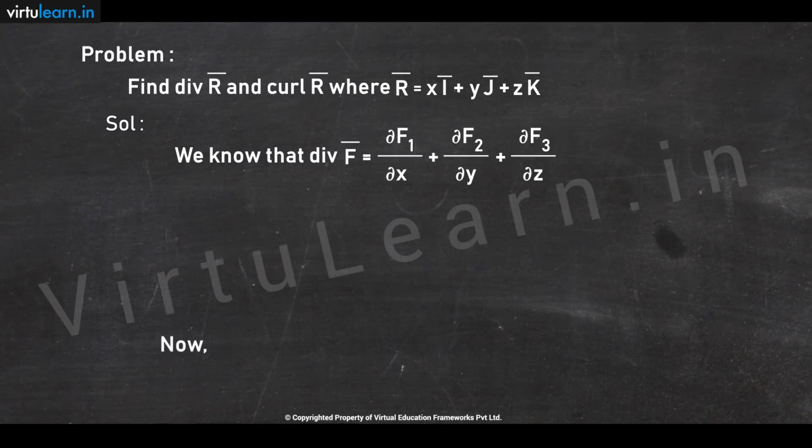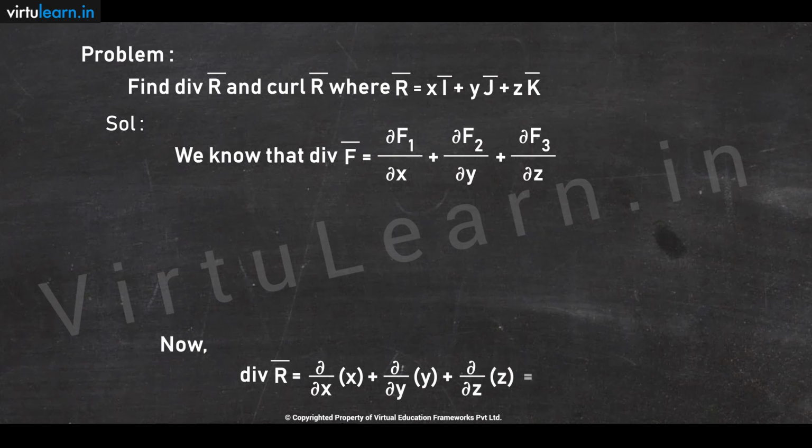Therefore, divergence of R bar becomes dou by dou x of x plus dou by dou y of y plus dou by dou z of z, or it becomes 1 plus 1 plus 1 is equal to 3.